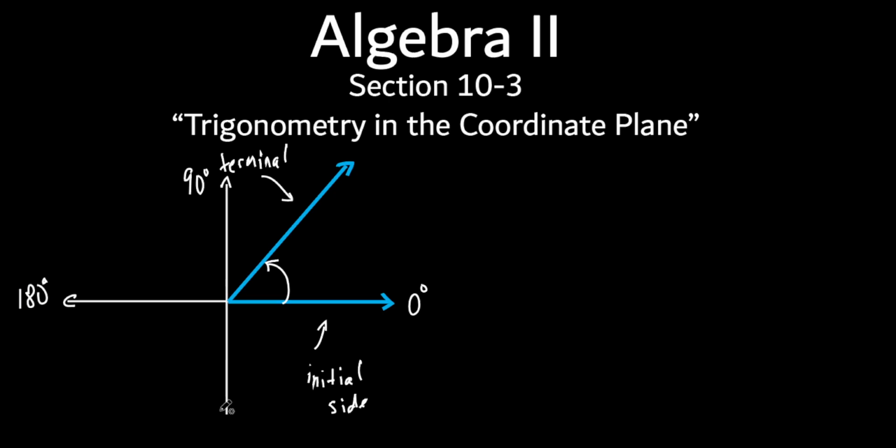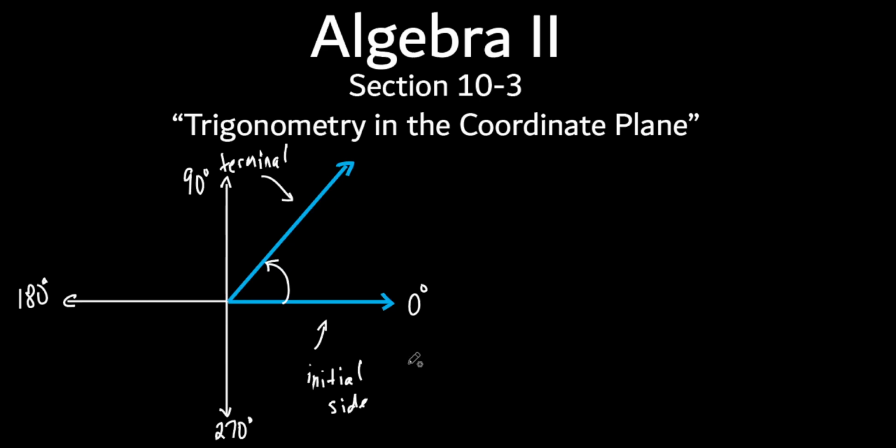And if you go all the way to here, 270. How'd you get that? Each one of these is 90 degrees. So that's 90, that's 90, that's 90, so 90 plus 180 is 270.